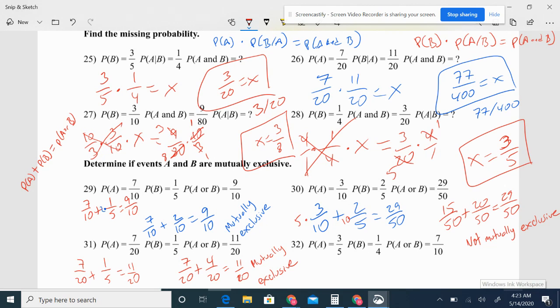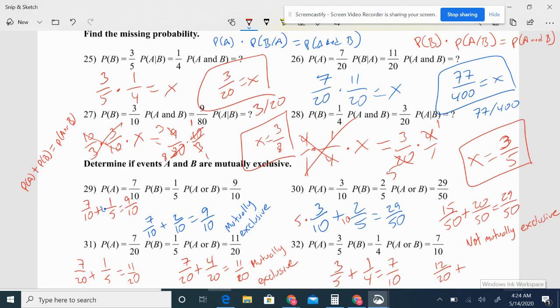Lastly, let's take a look at number 32. I have 3 over 5 plus 1 over 4. Is it equal to 7 over 10? I'm going to make my denominators 20 because I see my denominators, I can make them all 20. My first fraction, let me multiply everything by 4. So I have 12 over 20.